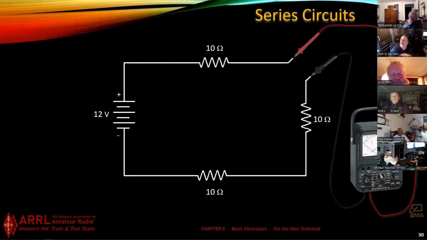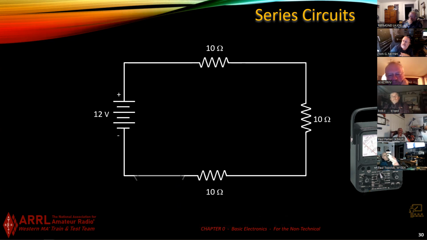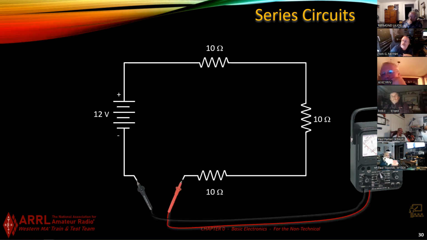If I break into the circuit here versus here, am I going to measure any difference? If I push a gallon of water through that pipe in 30 seconds, am I going to get a gallon of water in 30 seconds here and a gallon in 30 seconds here? Current, am I going to get 1 amp here and 1 amp here? Yep. So current through a series circuit is constant all the way around the circuit, because if you push a gallon of water in the pipe at one end, you're getting a gallon of water out the pipe at the other end. Doesn't change.